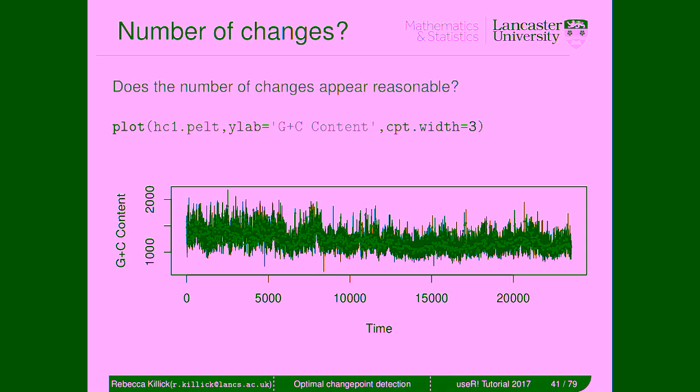I've spoken to some biologists and they say it is, but looking at it personally, there's a lot of data there, so if I looked at one specific chunk and I zoomed in, I might say, yeah, that looks reasonable. But if I look at the whole lot like this, you go, whoa, what's going on? What are these bits up here? Are these just outliers? Are they really changes? How long are they? Okay.